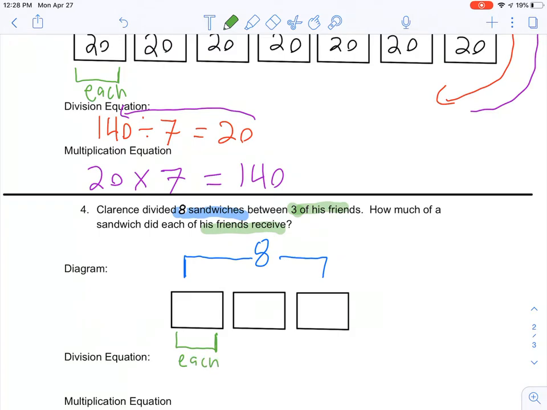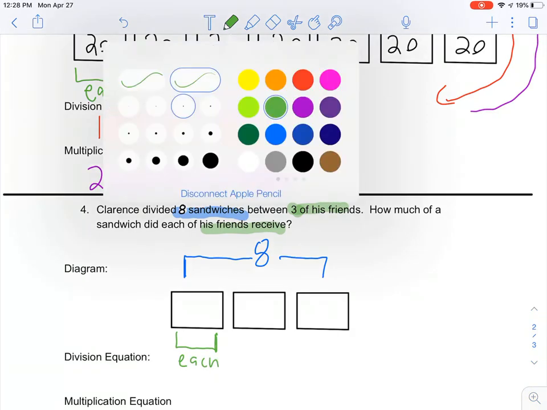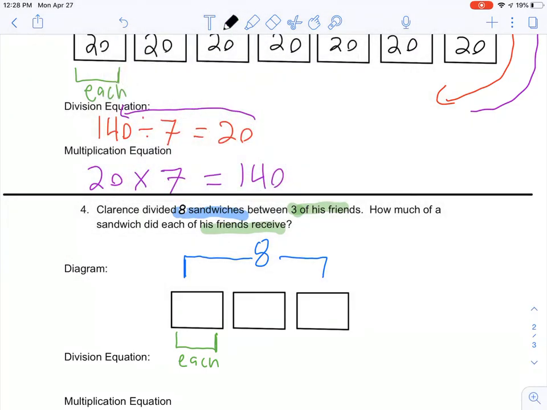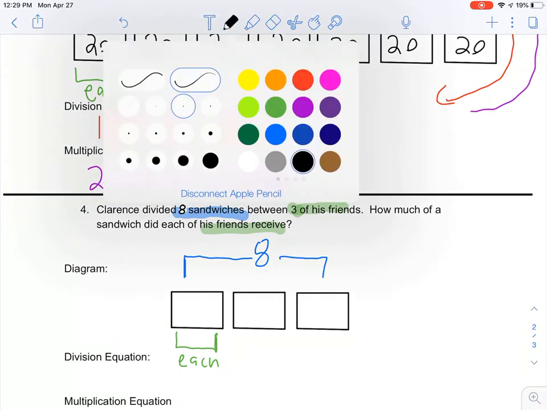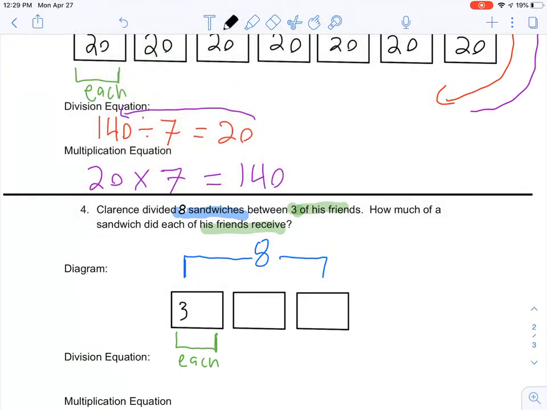Well, let's try some numbers out here. Let's do 2, 4, 6. Now that's not enough. Well, let's try another number that's slightly bigger than 2. 3, 6, 9.